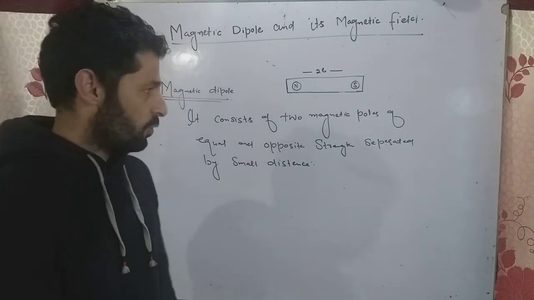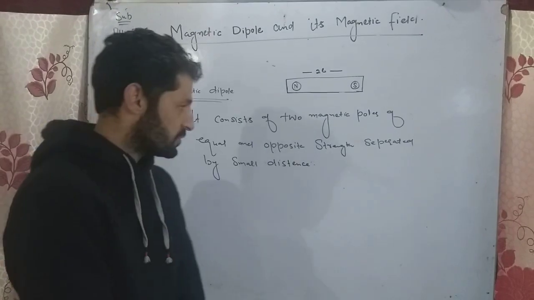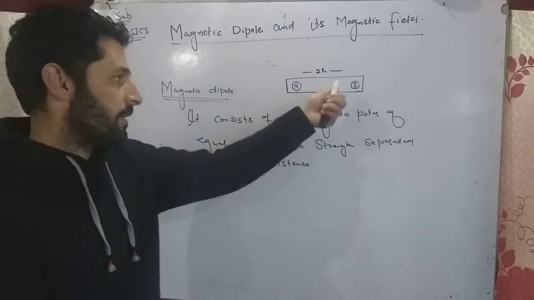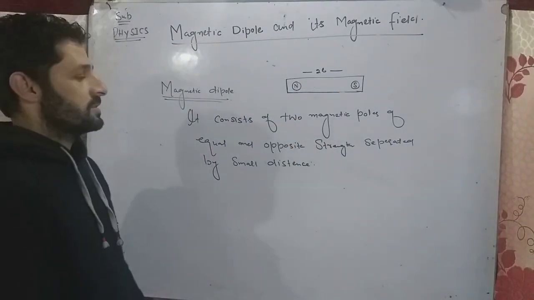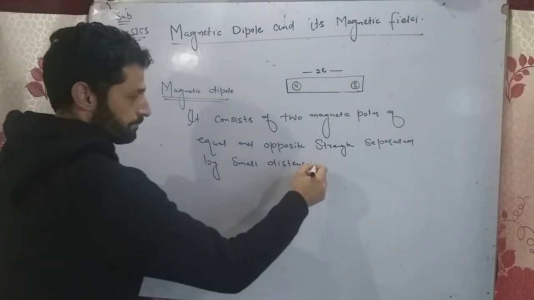So a magnetic dipole is the system of two equal and opposite poles, magnetic north pole and magnetic south pole, separated by a small distance, that is taken as 2l.